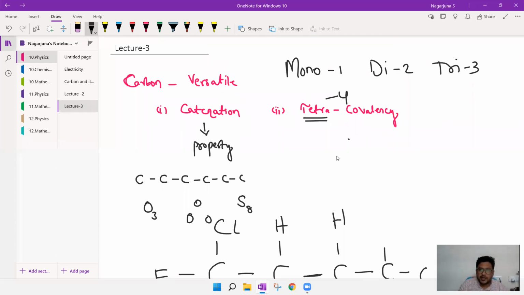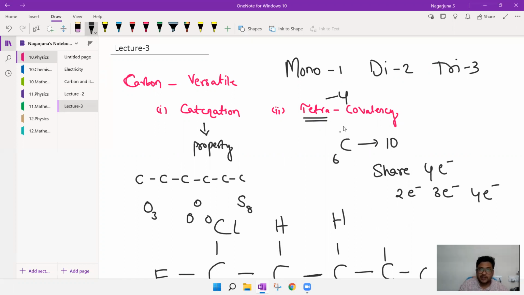Carbon's atomic number is 6, which is near 10, and it needs 4 electrons to get stable. It neither loses nor gains electrons. It can share 4 electrons, maybe with 2 different elements, with 3 different elements, or with 4 different elements.